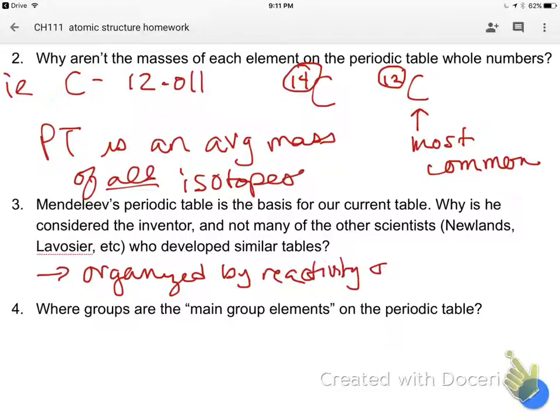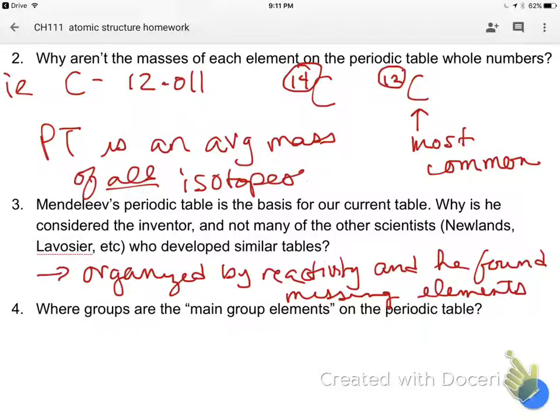And most importantly, he found the holes, he found the missing places for elements to go, and that gave a revolutionary sort of motivation to people to look for new elements.